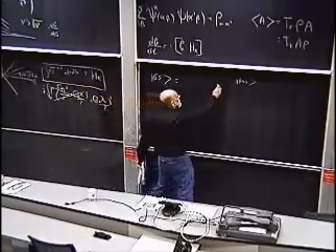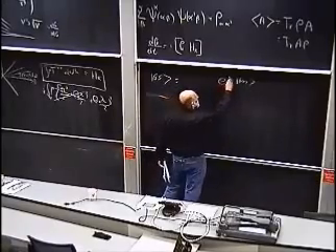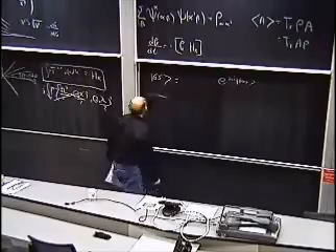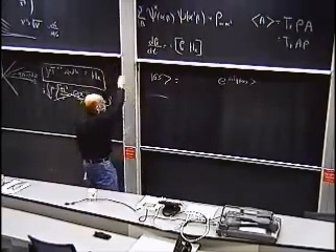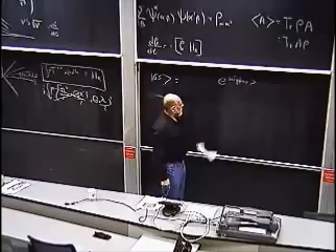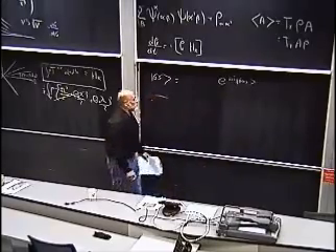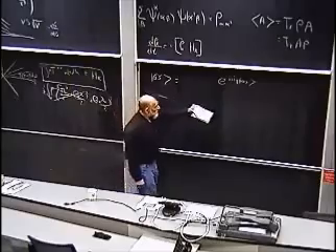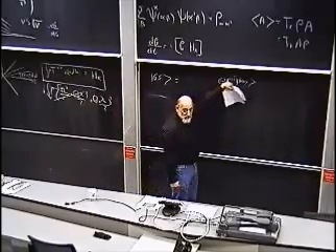Then you multiply it by e to the minus Ht. Now I'm thinking of t as being the vertical coordinate on the Rindler plane, but it's not temperature, and it's not time either. If it were time, I would put an i there.